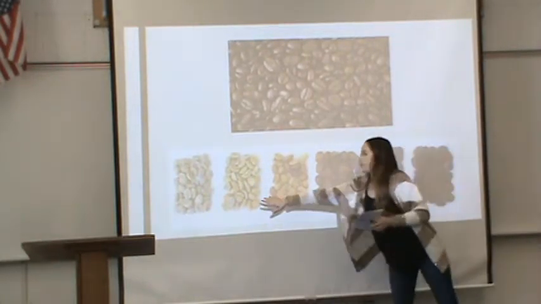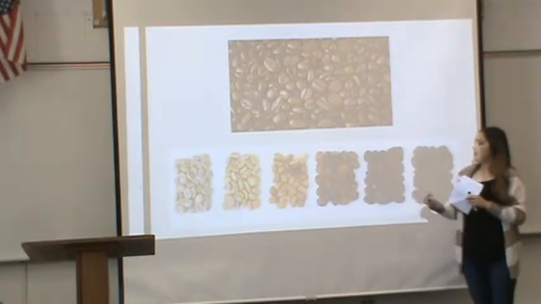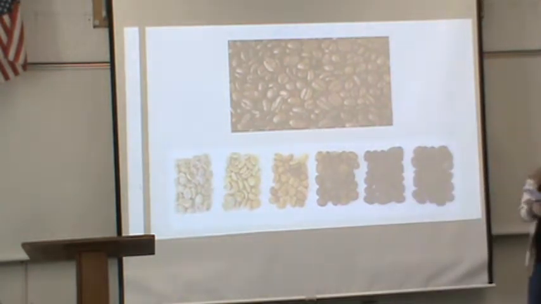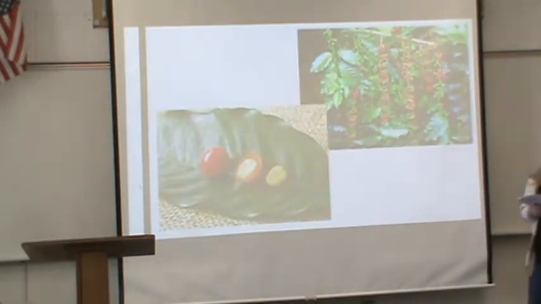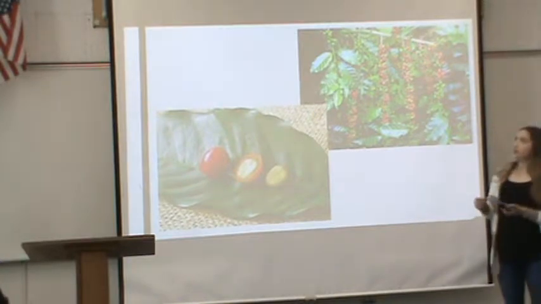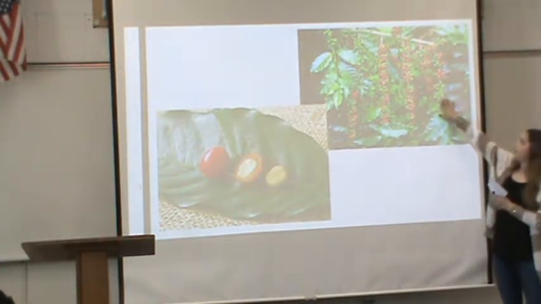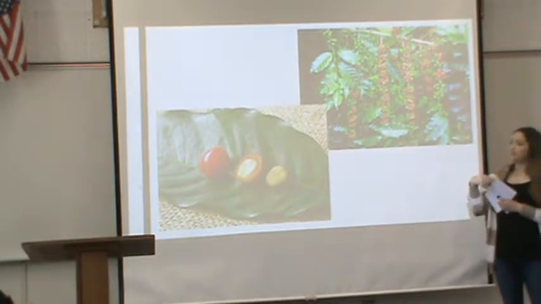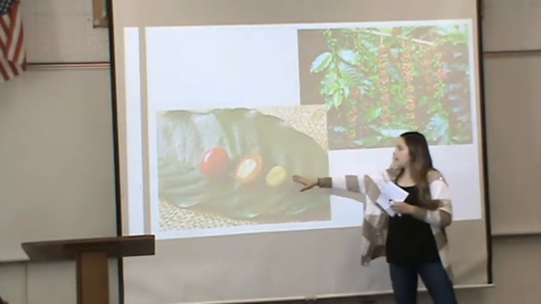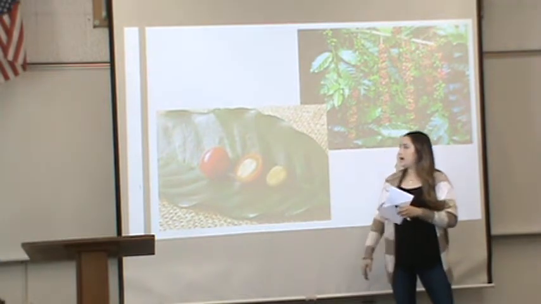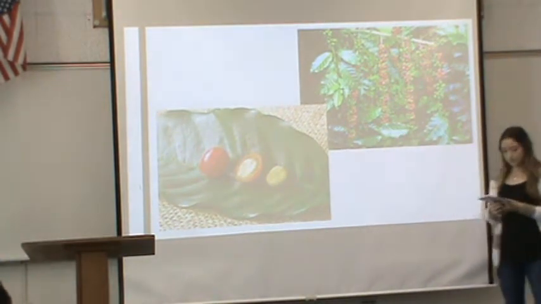So this is the blonde right here, the first 2, then the medium in the middle, and then the dark roast right here. And then this right here is the wild coffee bean plant that originated in Ethiopia. They start off green, growing, and then once they're red, they're ready to be picked. And then inside, there are little coffee beans.